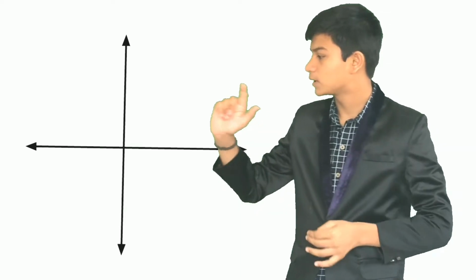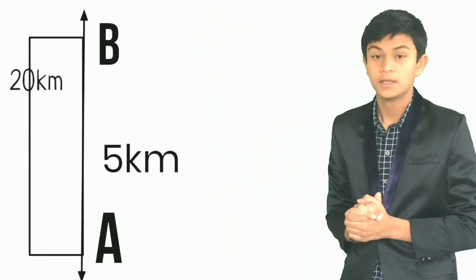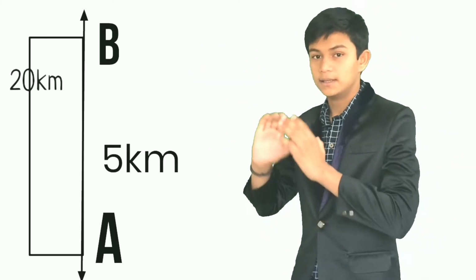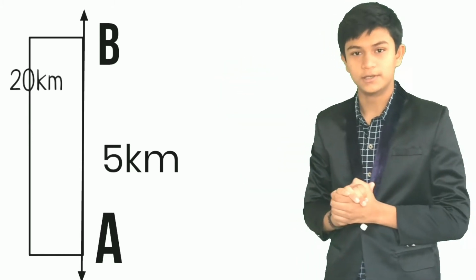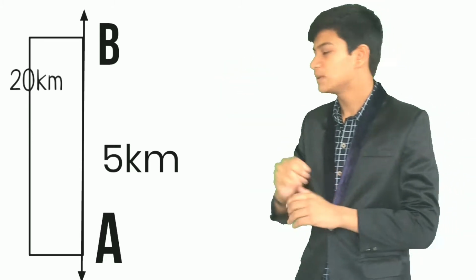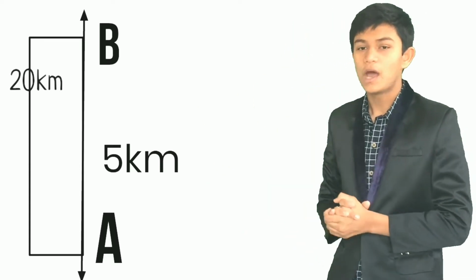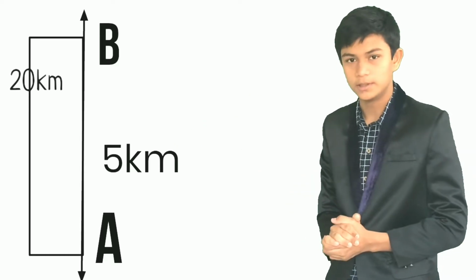Now you have traveled from town A to town B for 20 kilometers, and there is another way, a short way, of about 5 kilometers, but because of some obstacles in the path you have traveled the longer distance, that is 20 kilometers.